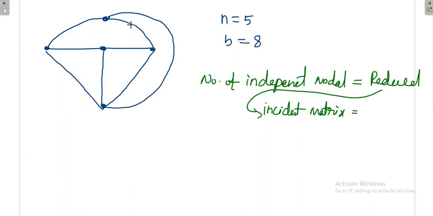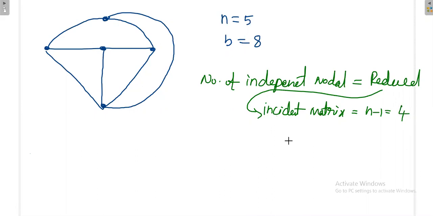Here there are 5 nodes, so how many rows will be there? That directly gives the number of independent nodal equations, because each row of the reduced incident matrix forms an independent nodal equation. So you will get 4.